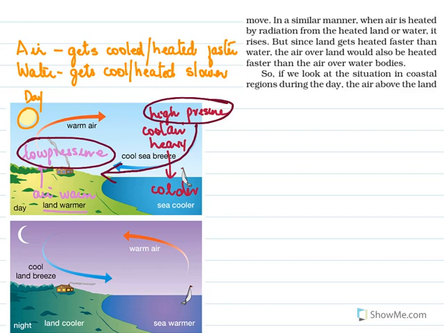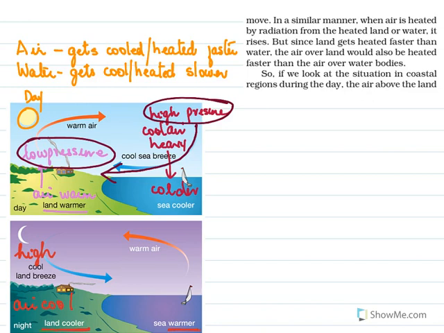But at night, the land is cooler because it gets cold very fast. So the land is cool, the air is cool, and the pressure above the land becomes very high. While the sea is still warmer because the sea takes longer to cool down.